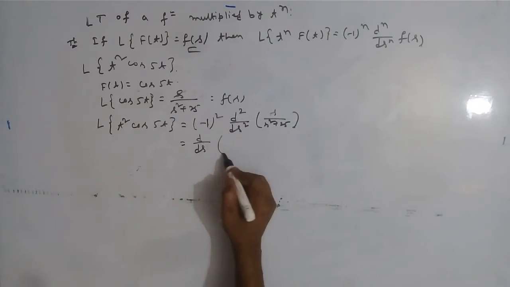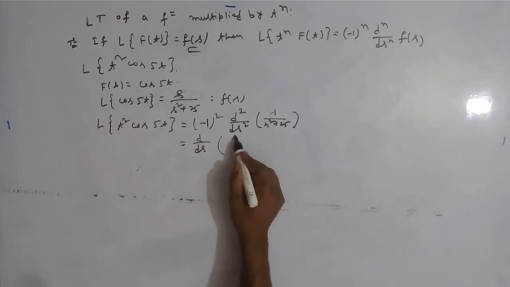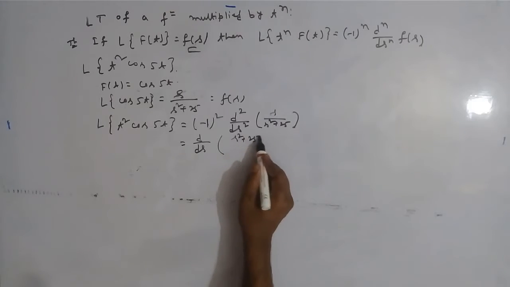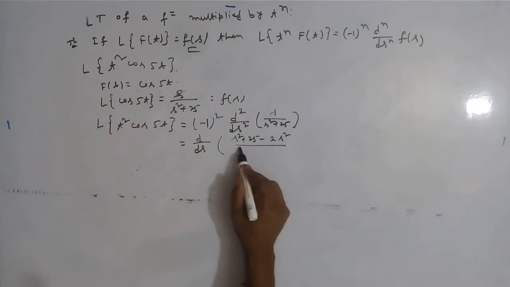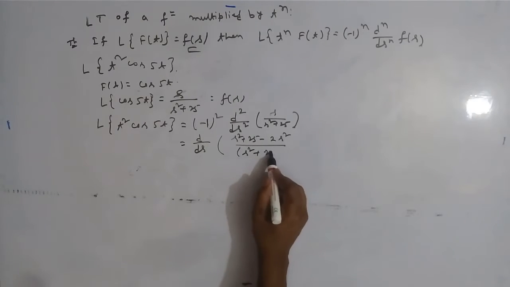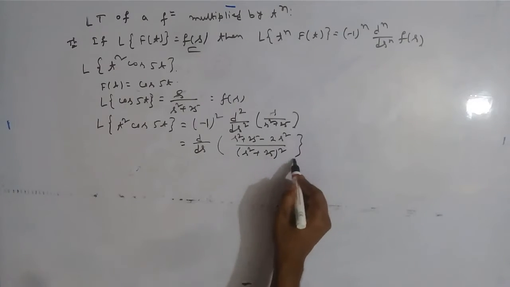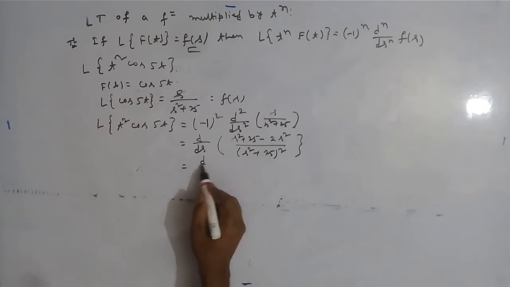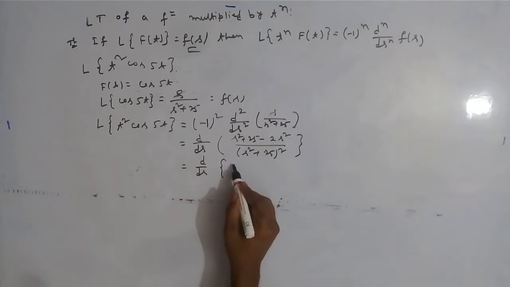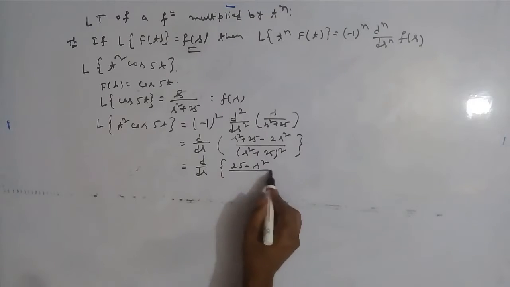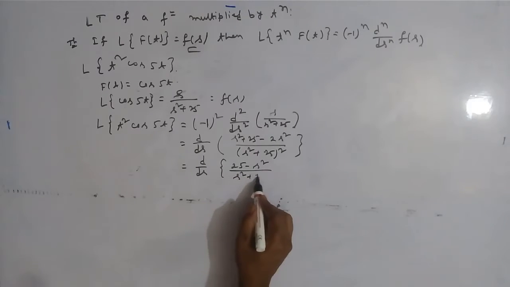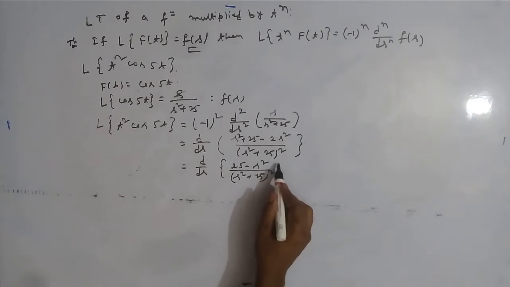The first order derivative will be (s square plus 25 minus 2s square) by (s square plus 25) whole square, and that is d/ds of (25 minus s square) by (s square plus 25) whole square.